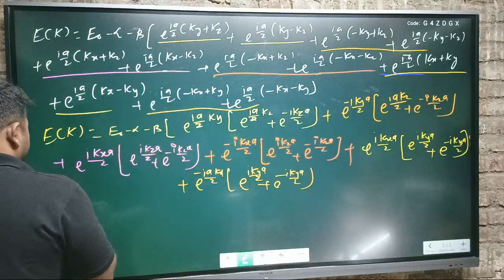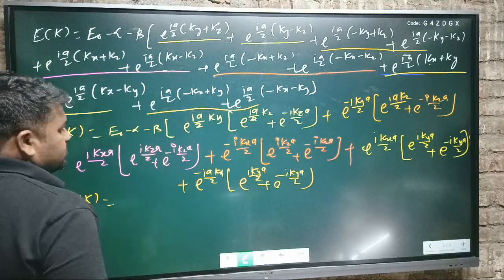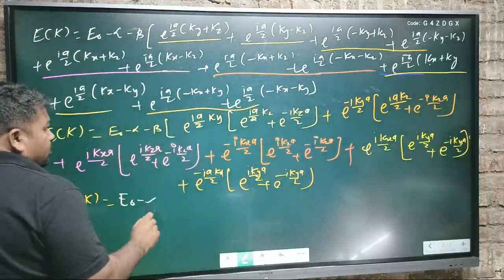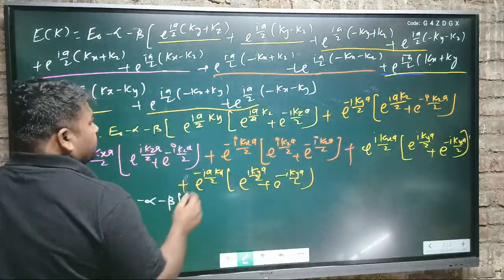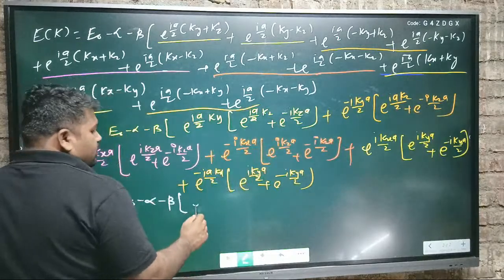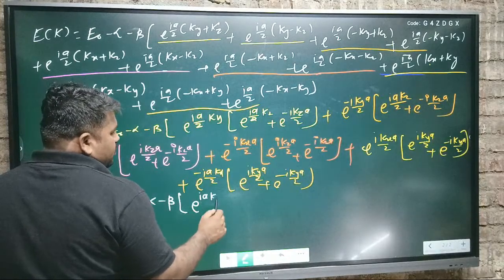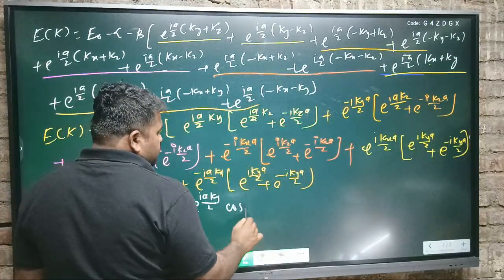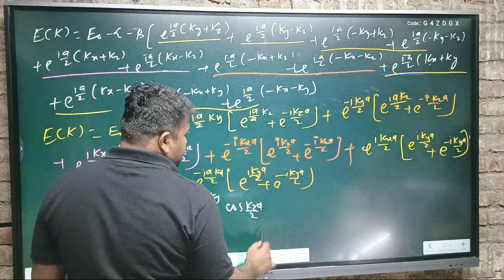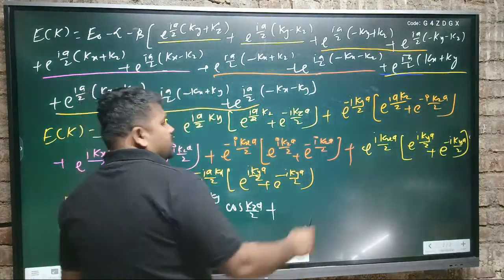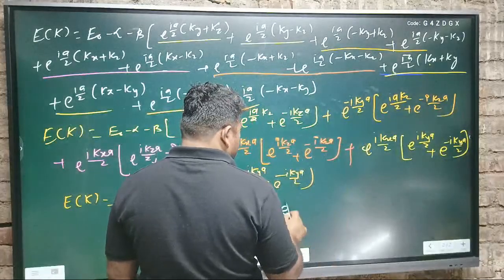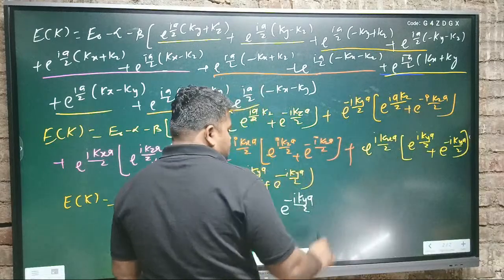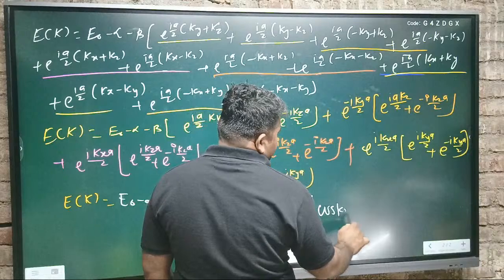E of k is equal to E naught minus alpha minus beta. This part is nothing but e to the power I a ky by 2 cos kza upon 2. Okay. First term or second term, e to the power minus I kya upon 2, and this can be written as cos kza upon 2.